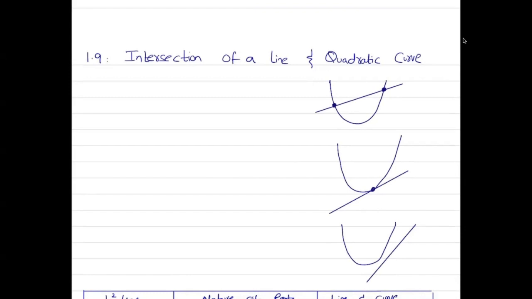Now, if I give you an equation of a line, let's say y equals 2x plus 3, and I give you an equation of a curve, y equals x squared, how would you guys find the intersection point?